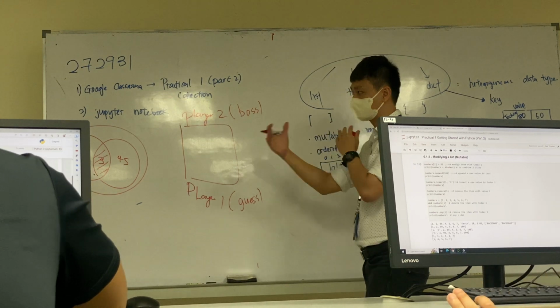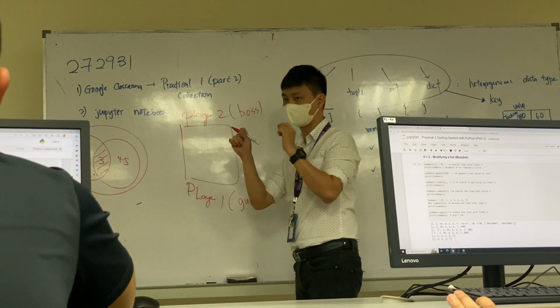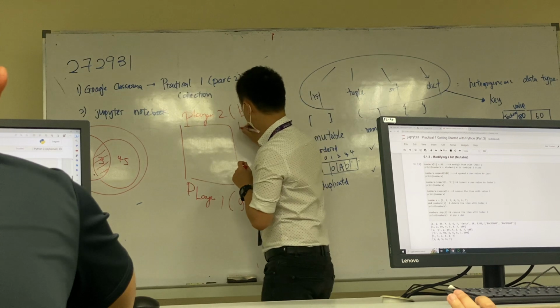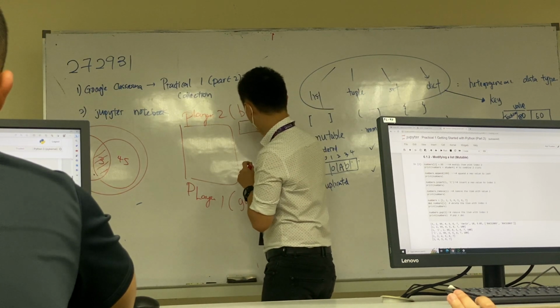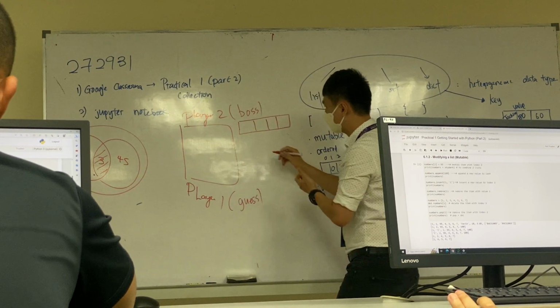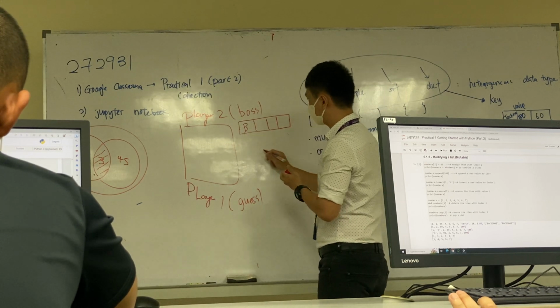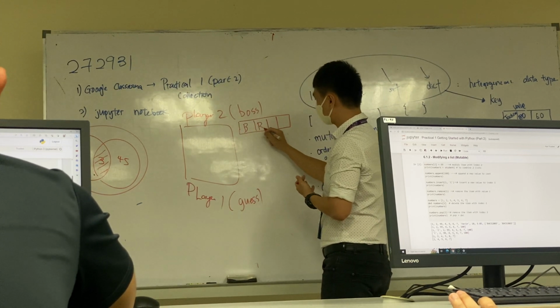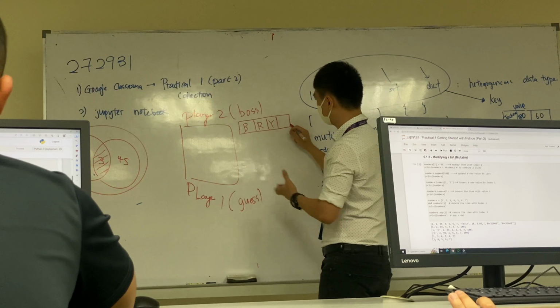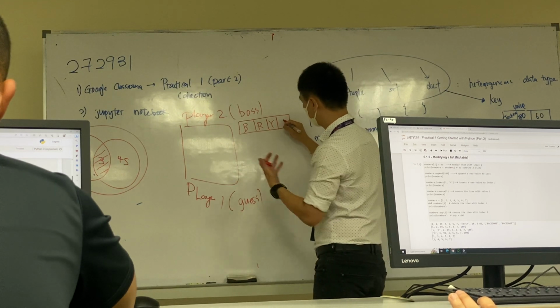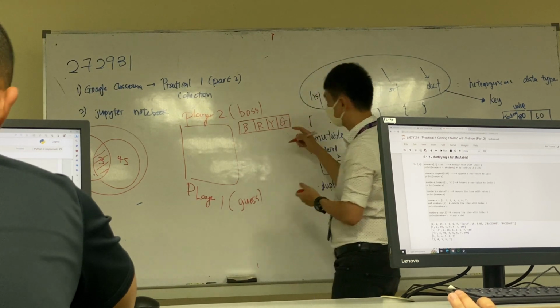We have 6 colors in the collection. We have to randomly pick 4 colors and put in 4 positions. Maybe we put blue at the first position, red in the second position, yellow in the third position, and green in the last position.